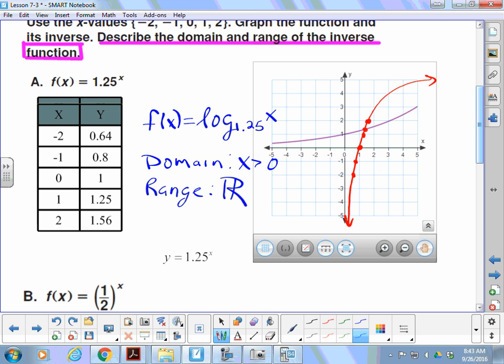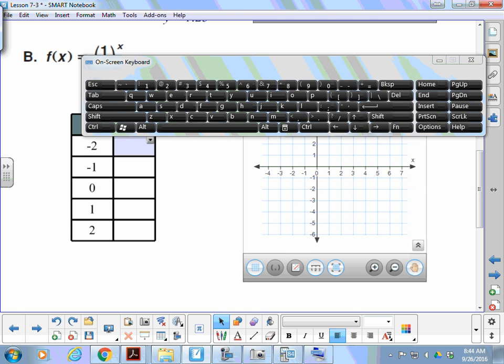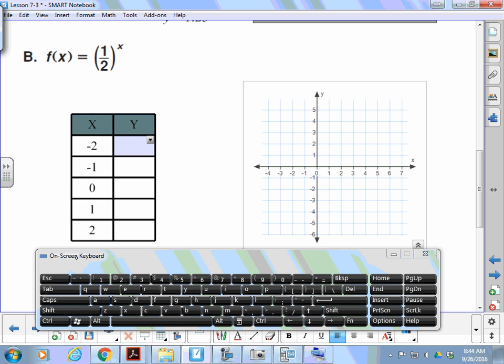Okay, let's look at another one. f of x equals 1/2 raised to the power of x. All right, so 1/2 to the power of -2. What do we do when we have a negative exponent?